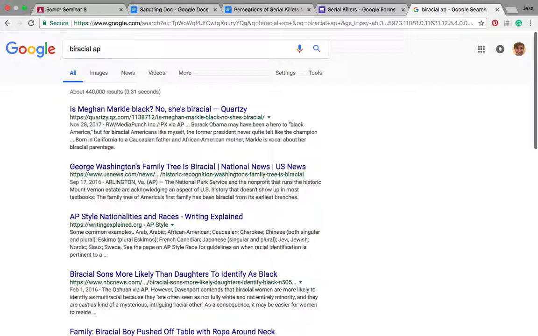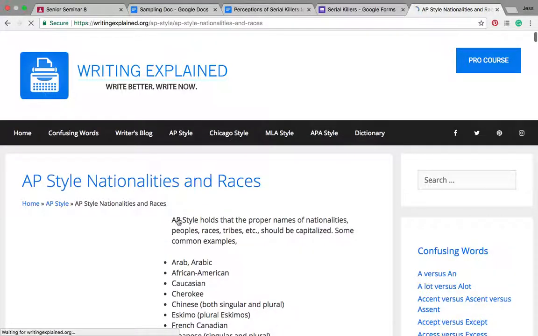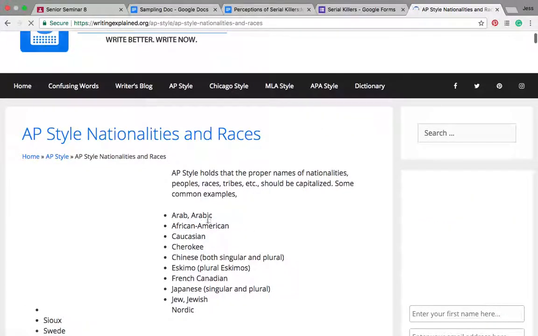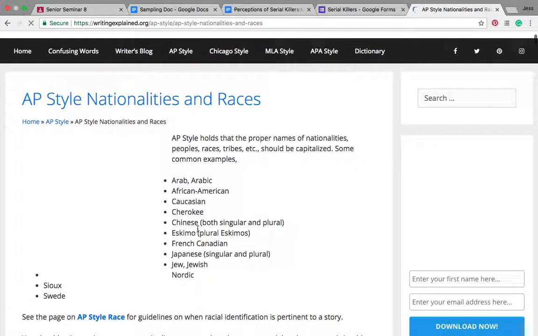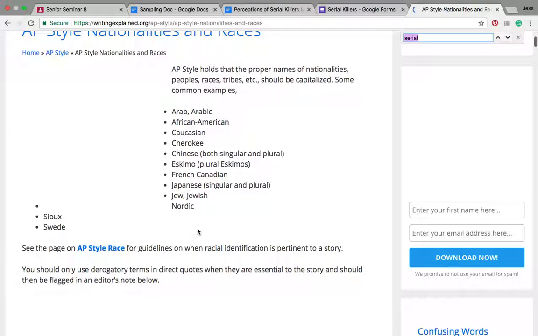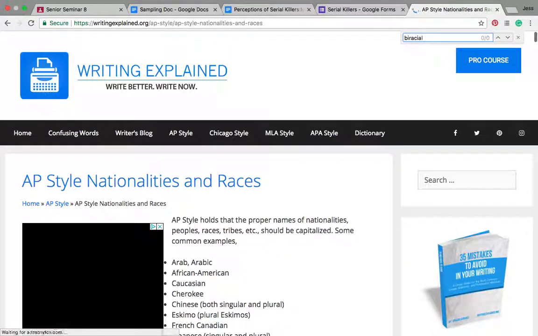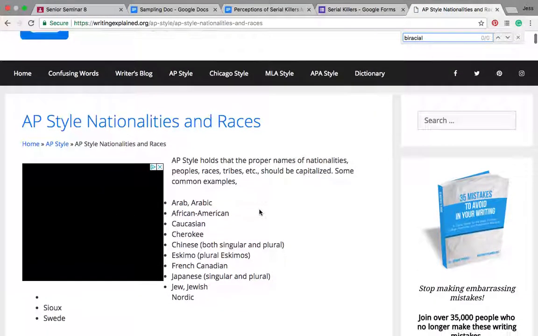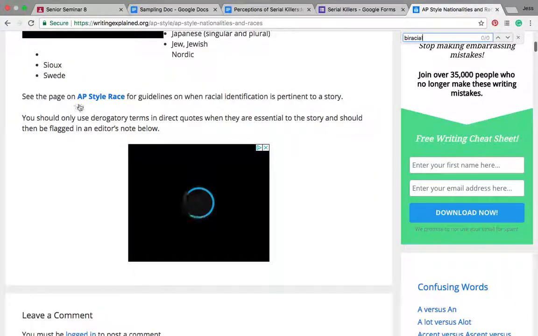I want to see what Associated Press says about it. Looks like African American wants to be hyphenated. And biracial doesn't exist on here.